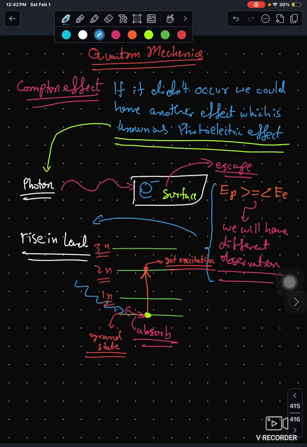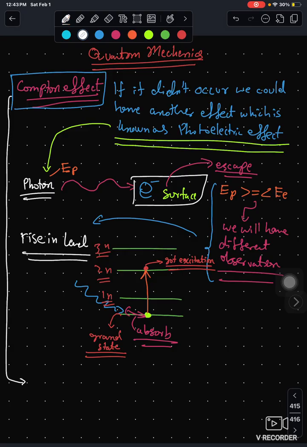And then coming towards our main topic, which is the Compton effect. What the Compton effect is that there's a photon with energy E. Now, in the Compton effect, what we observe is that the photon is coming towards the electron and it collides with the electron.